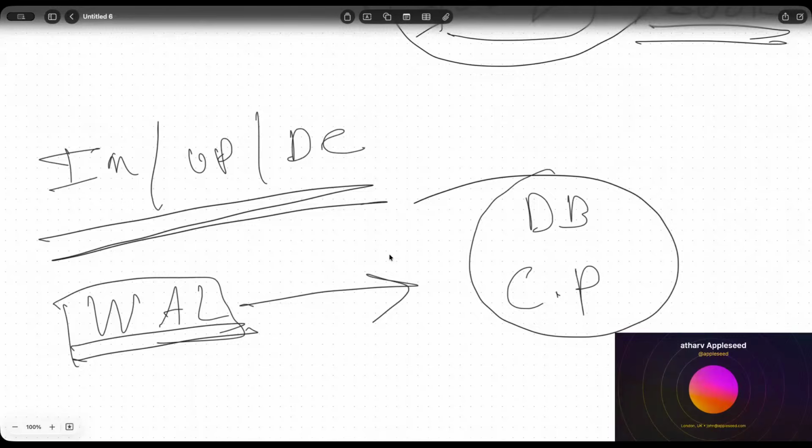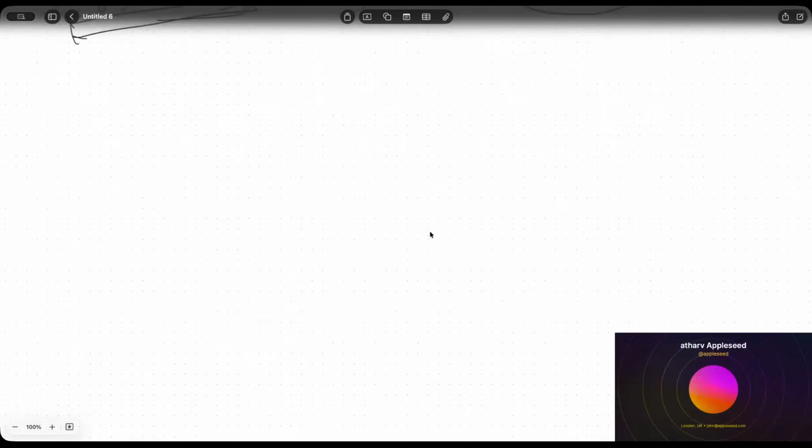So this is the simple formula behind the read replicas that we are currently discussing. This is called read replication. We are having a replica of our database so that we can use that replicated database for reads.